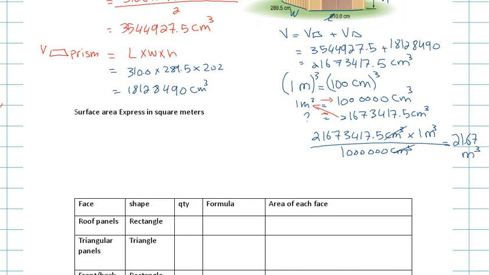Now again, this is the easier part. Now, if I'm looking for the surface area of this shell, the surface area is the area of all the sides that you can see. So technically I can't use these formulas. If I'm looking at the surface area of the rectangular prism, it's going to give me the surface area of the top, the bottom, and the sides.